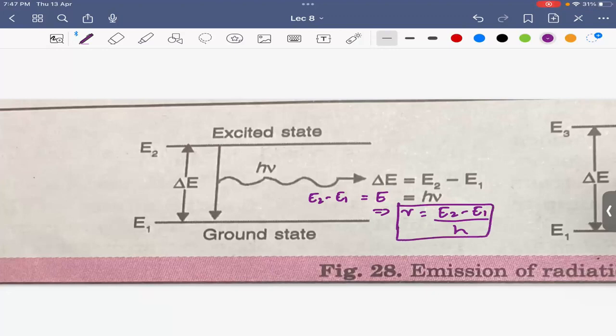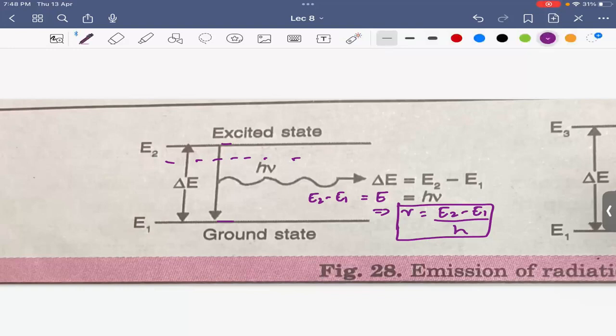And since E1 and E2 can have only definite values for an atom, the frequency will also have a fixed value, because E1 and E2 are fixed. We know that arbitrary energy levels are not possible; only these specific energy levels are possible. Hence the amount of energy released will be a discrete value, and hence the frequency will also be a discrete value. Moreover, the energies of different energy levels are characteristics of the atom. So for example, E1 and E2 for the hydrogen atom will be different from E1 and E2 of the helium atom or any other atom.